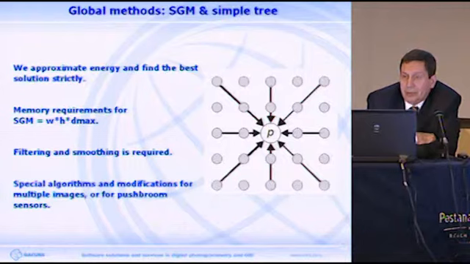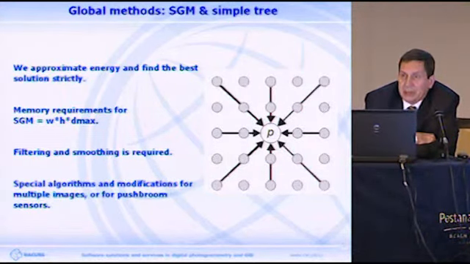Recently, these three letters have been used a lot, SGM, or a simple tree method. Here the energy function is replaced by a simpler functional, where dynamic programming methods that I showed earlier allow you to find solutions of approximate functionality.